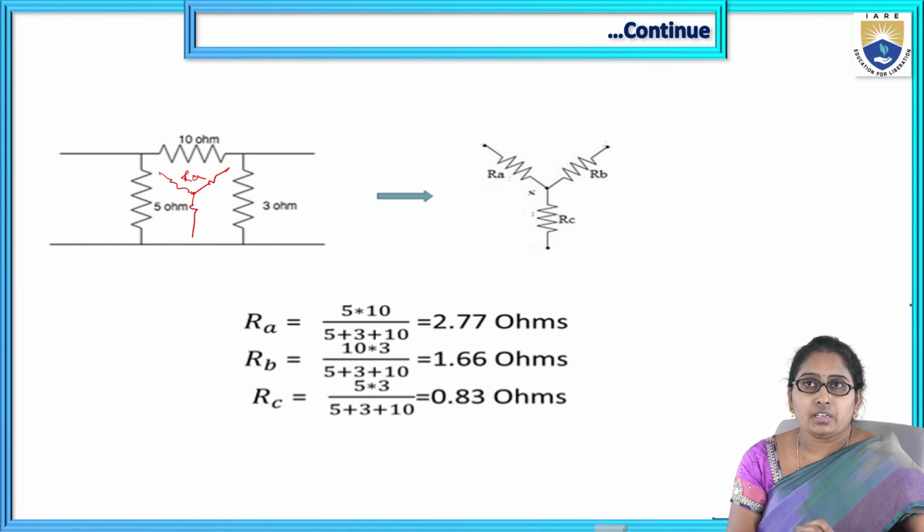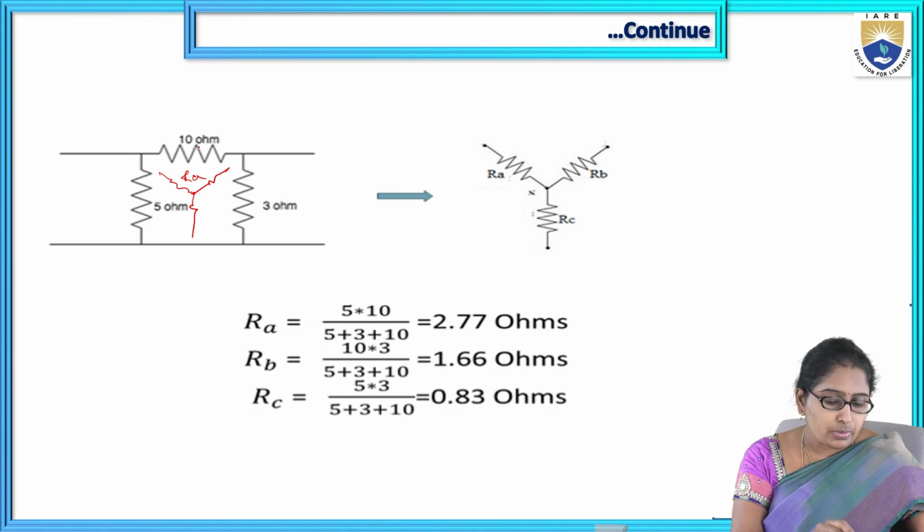Here I have taken RA, RB, RC. The element RA is given by the product of its adjacent delta elements, 5 into 10, over the sum of the three delta elements, 5 plus 3 plus 10. So it's 50 by 18, which is 2.77 ohms.